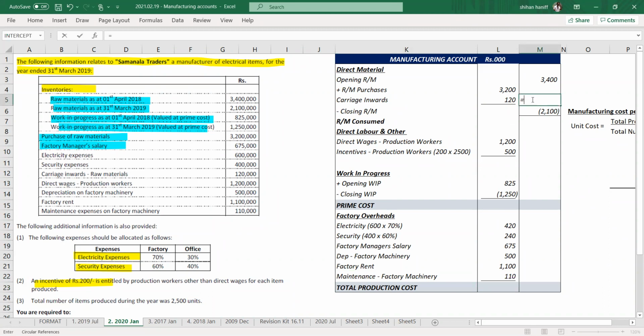Now let's take plans. Raw material consumed is 4,620. Direct labor other 1,700.